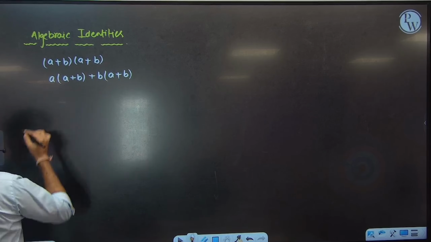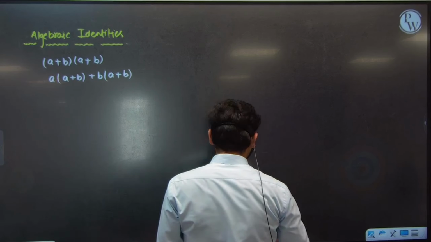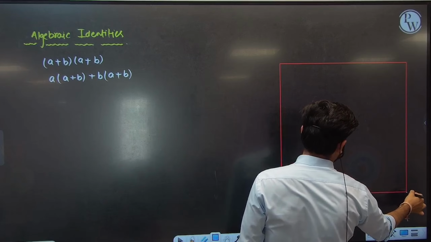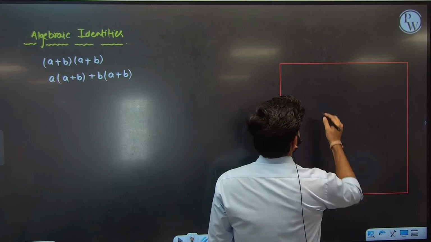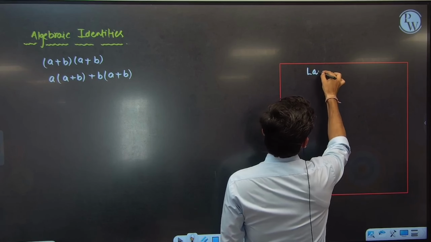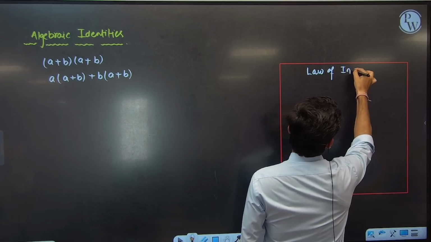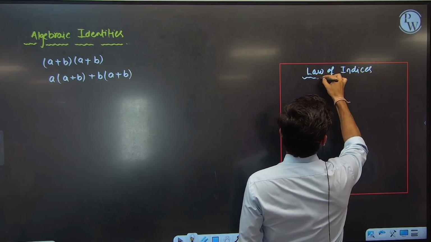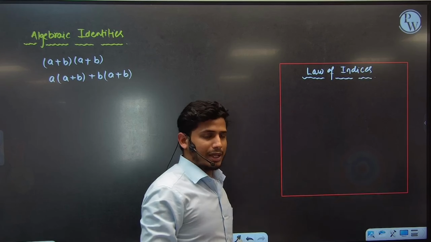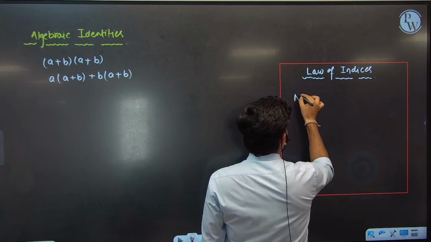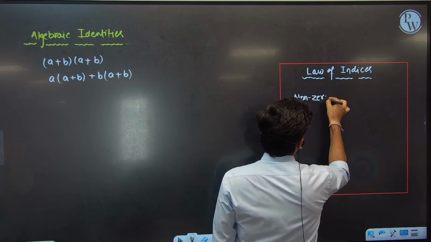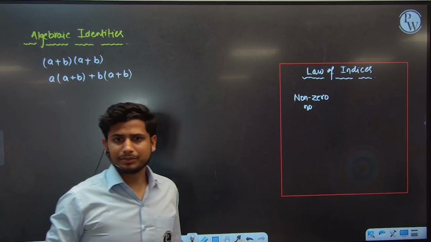Now multiply a into a. Here are some laws of indices. Indices means power. If any non-zero number, you know what is a non-zero number?